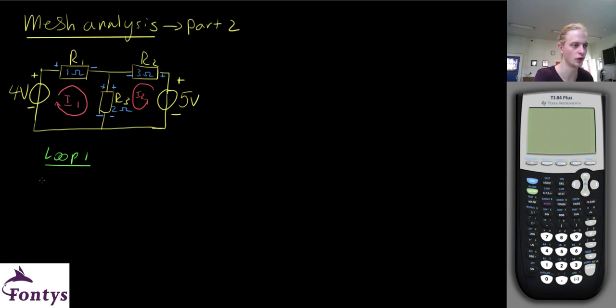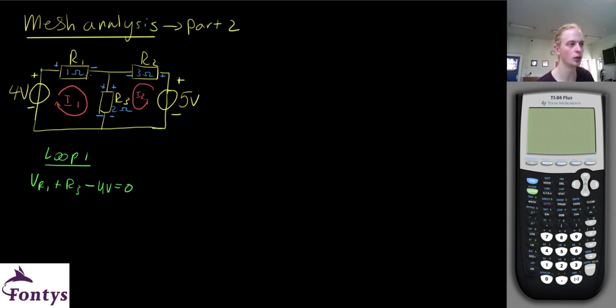So the voltage over R1, which is positive since we start at the positive side. And we follow the current, and then we enter the positive side of R3, so plus the voltage over R3. And then we continue, and then we enter the negative side of the voltage supply, so minus 4 volts equals 0.